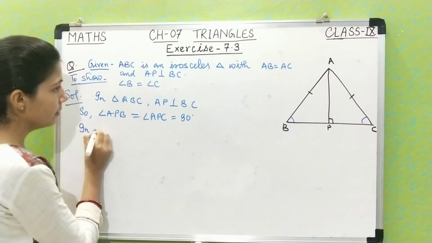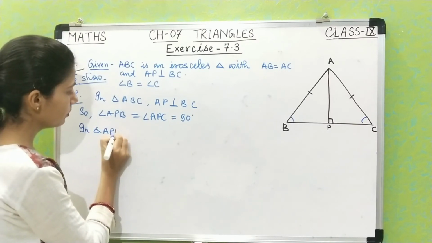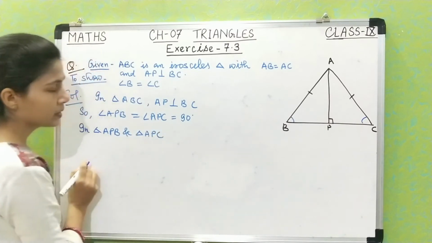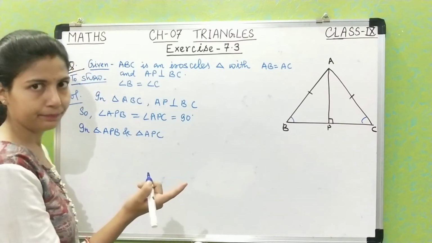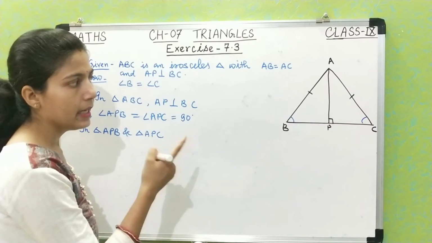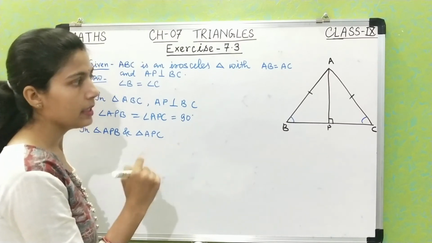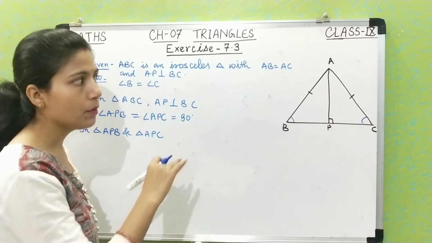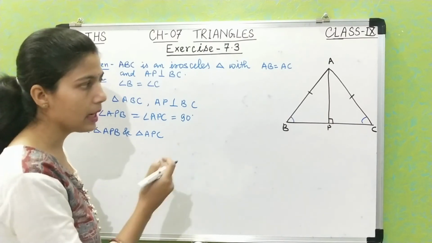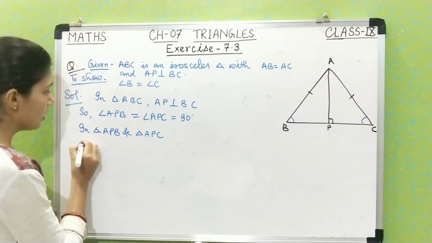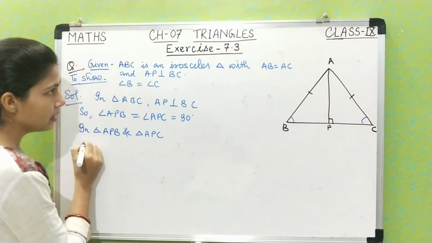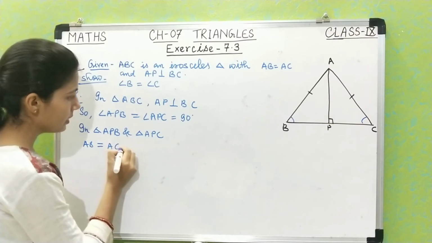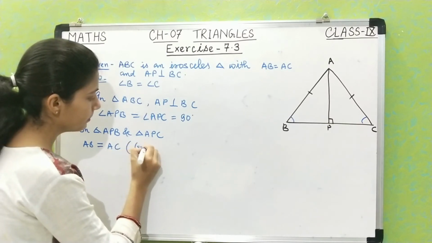So in triangle APB and triangle APC, AB equals to AC. Initially AB and AC are the parts of triangle ABC. When we draw perpendicular, it will become the parts of respective triangles APB and APC. Okay, so in triangle APB and APC, side AB is equals to side AC. This we have given.